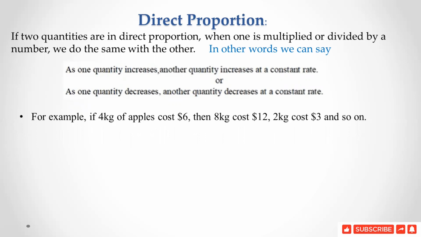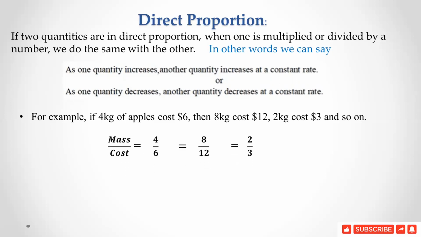For example, if 4 kg of apples cost $6, then 8 kg cost $12, 2 kg cost $3, and so on. We check whether these two quantities, according to the given data, are in direct proportion or not.